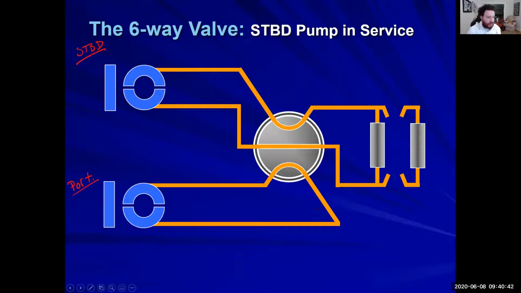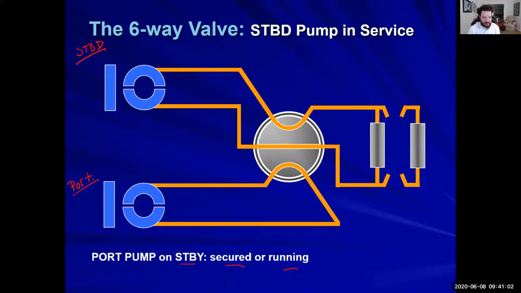So let's talk about the six-way valve. The port pump is going to be on standby, and that standby can mean two things. It's either secured, which means it's off, or it's running, but it's going to have no fluid flow. Take a look at what we have here. Let's call this our suction, and this our discharge.